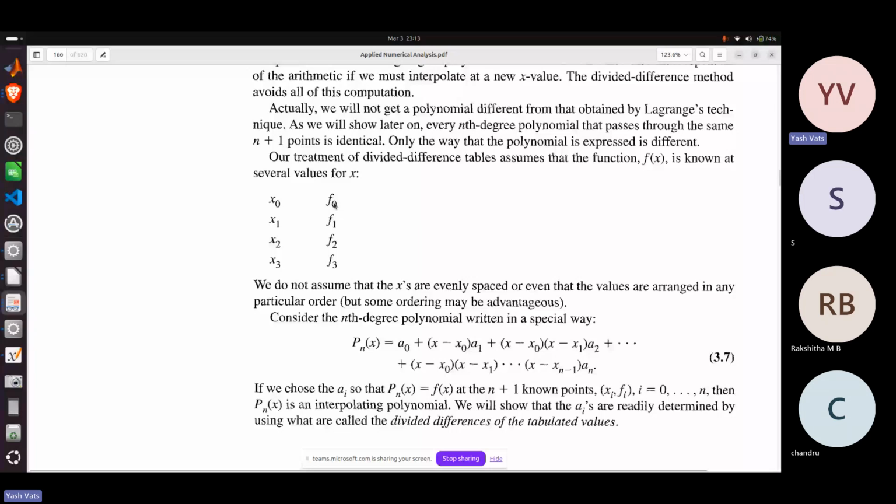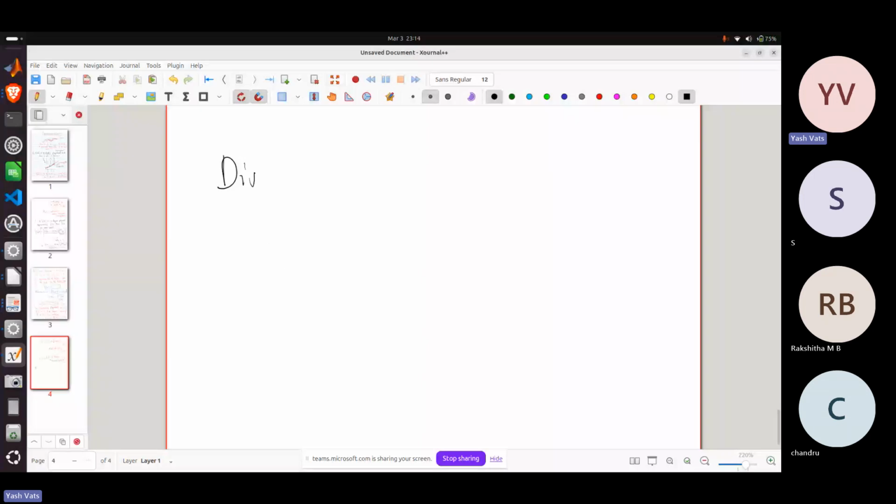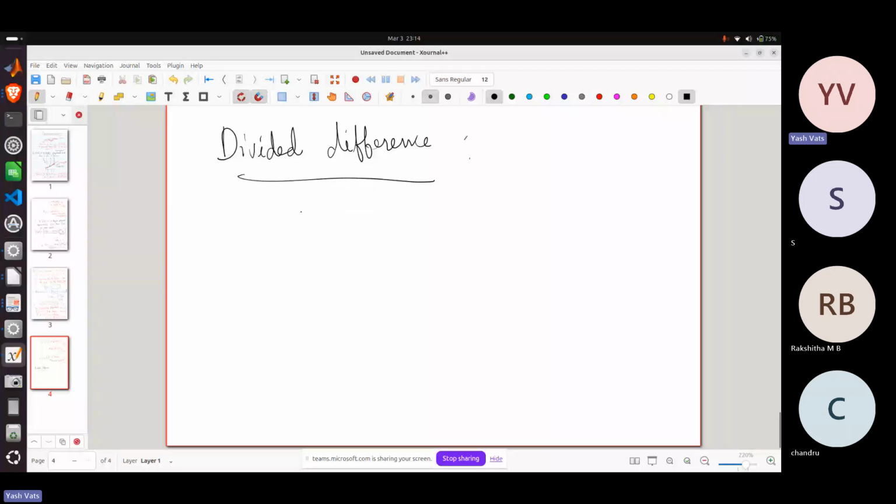So, divided difference. Again, you have points x0, x1 up to xn, and f0, f1 up to fn. For example, n is 2.